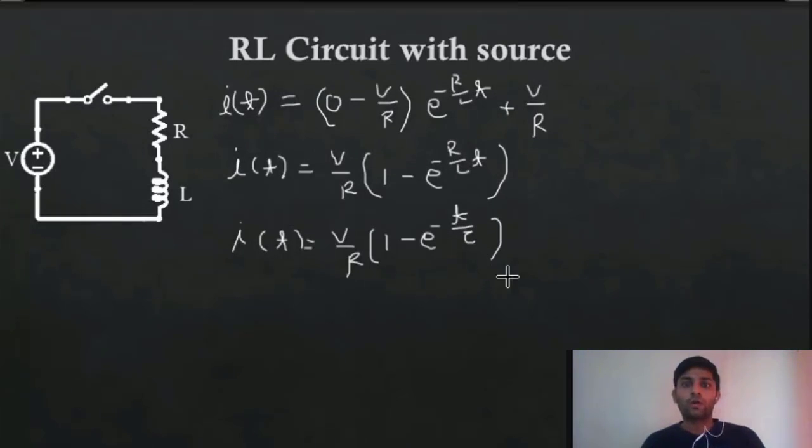So this is the current of this circuit. Now we can draw the graph and observe how the current varies with respect to time in this circuit.